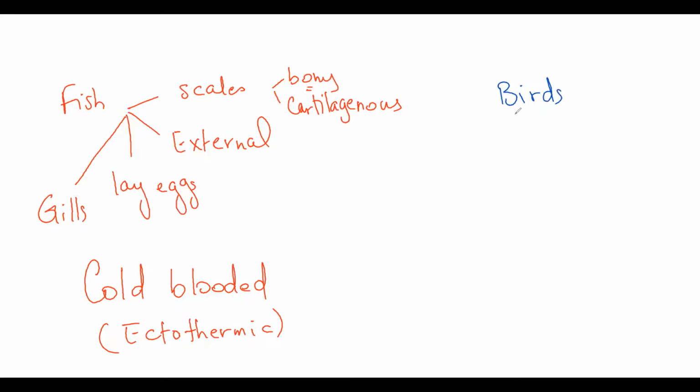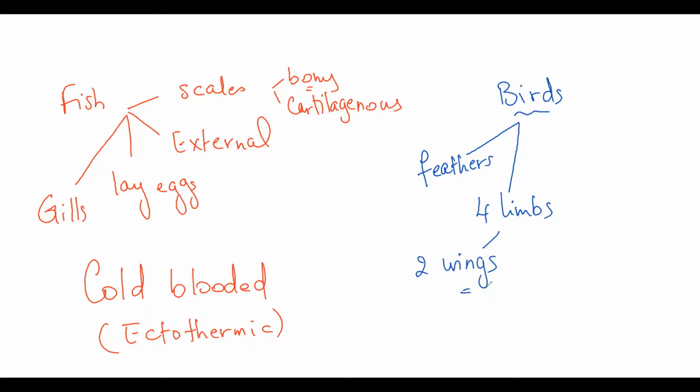Here are warm-blooded. What about the birds? Their skin is covered, of course, with feathers, and they have 4 limbs as well, where 2 of them were modified into wings. This is a certain adaptation where the limb is modified into another shape in order to suit a certain function that this bird has to perform, of course, which is flying.